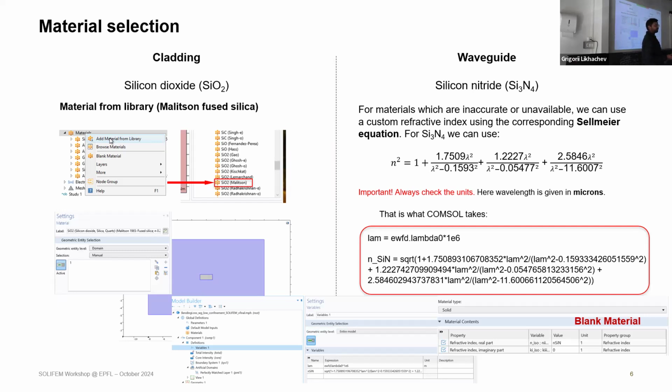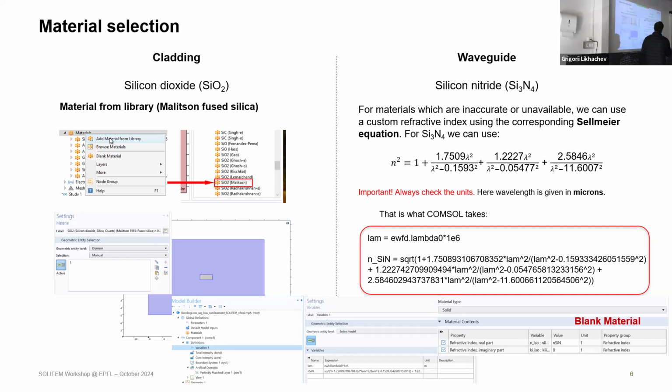Even if you don't have air, you can estimate it; I just added it. In our group, our fabrication team did the material analysis of silicon nitride by ellipsometry, and they advised us not to use the silicon nitride library of COMSOL.